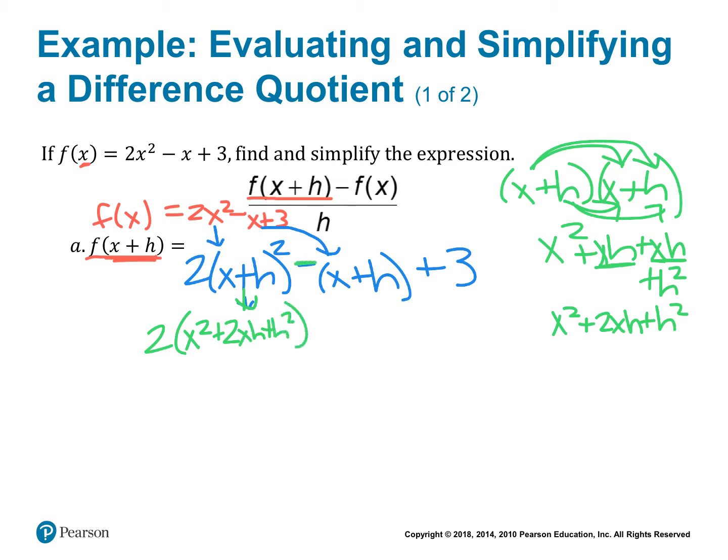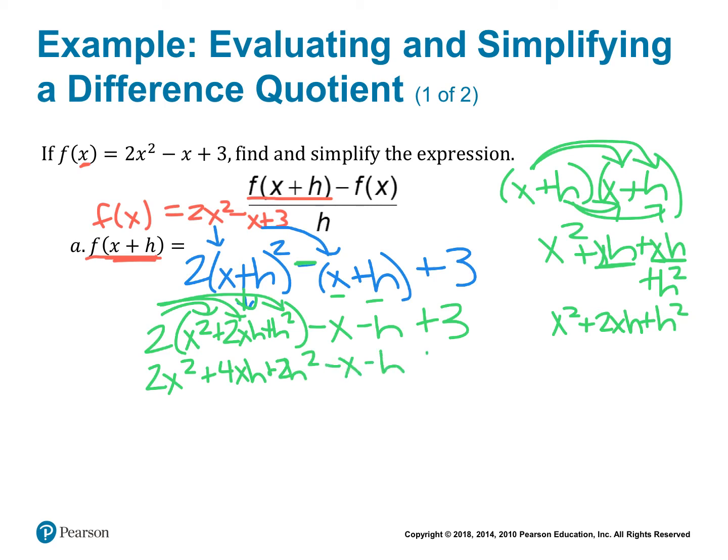Now this negative needs to be distributed to both of these, so it'd be minus x minus h plus 3. And then I need to distribute my 2 to everything in here. So that's 2x squared plus 4xh plus 2h squared minus x minus h plus 3.